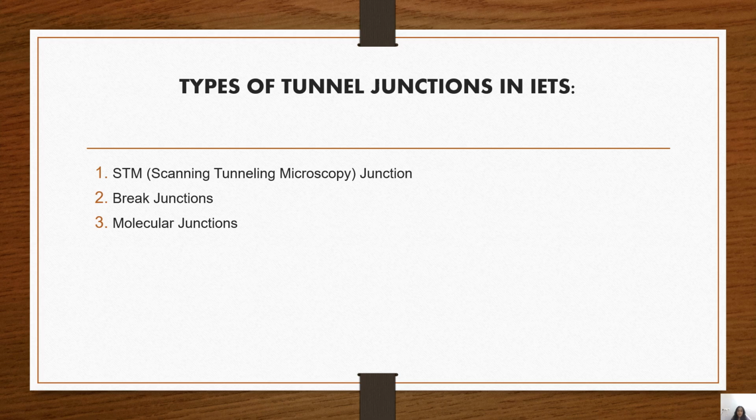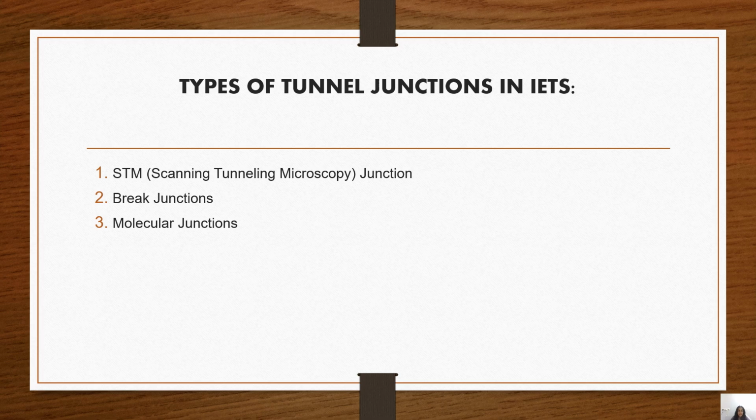Let's study the mechanism of molecular junction. In a molecular junction, a single molecule is sandwiched between the two metal electrodes, creating a nanoscale bridge. The junction is typically created in two ways, either by directly positioning the molecule between the electrodes, like that in scanning tunneling microscopy, or by using break junction techniques where molecules naturally form a bridge after breaking.